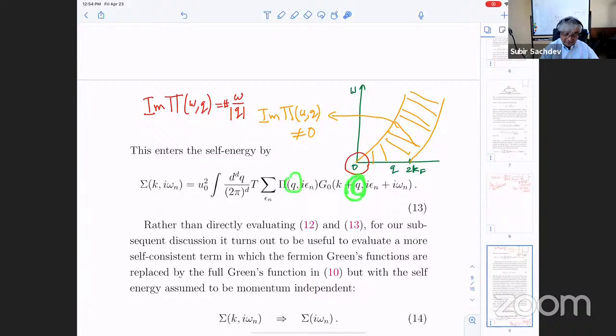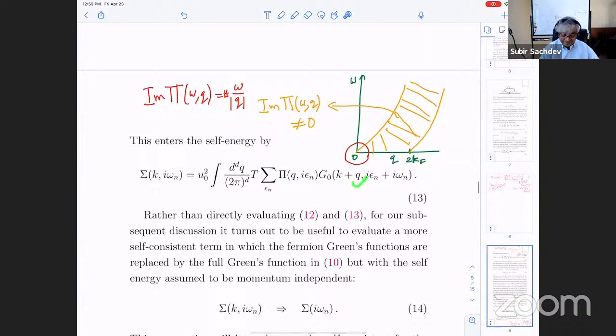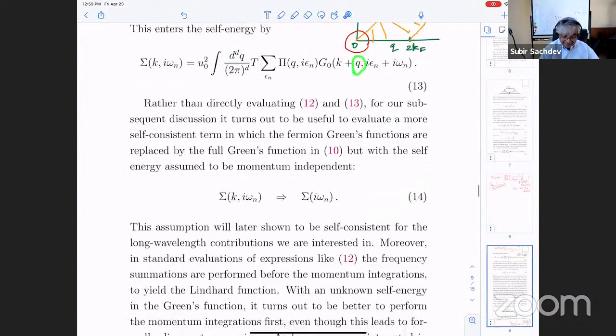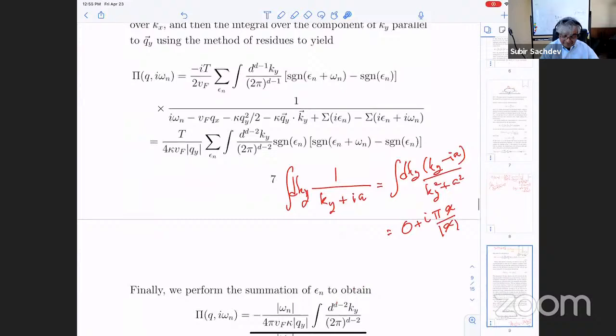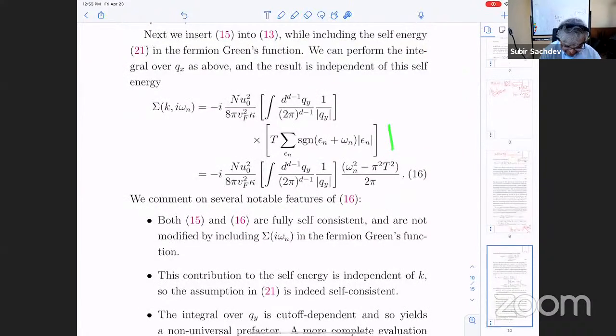So I can just do the integral over Qx, and that's very simple because the dispersion is linear. I just get exactly this type of integral again, but along the x direction. And so when you do that, this is what you get. This is just some number given by a cutoff. And this is a summation you can literally evaluate, and this is what you get.